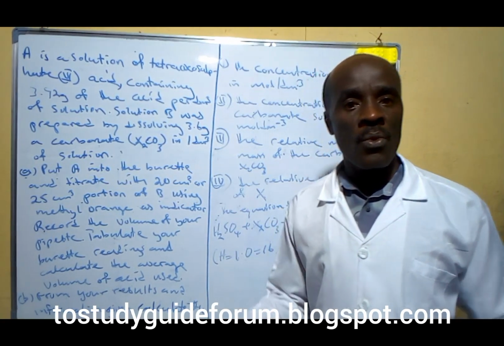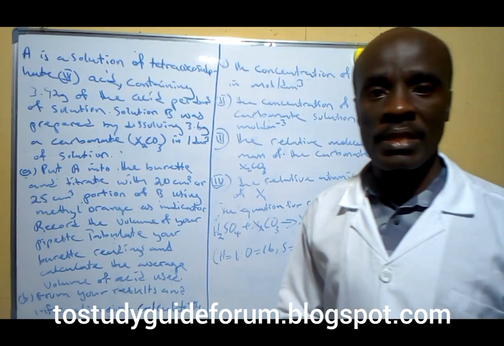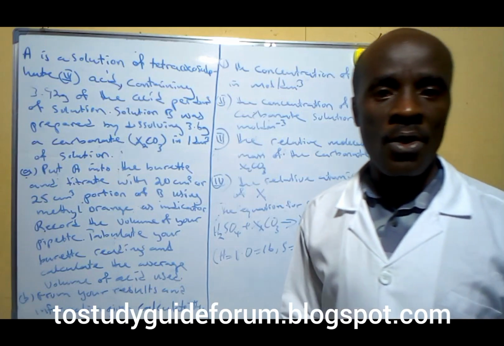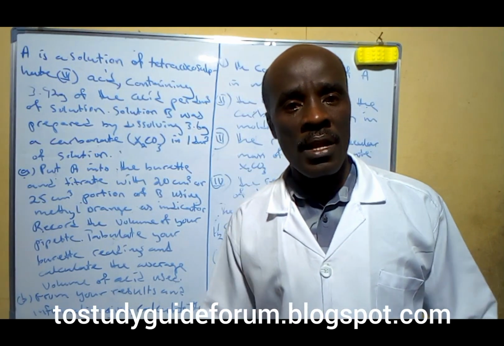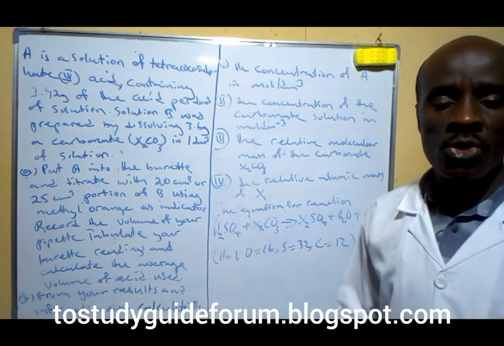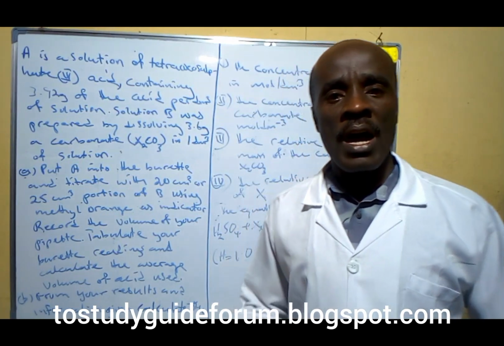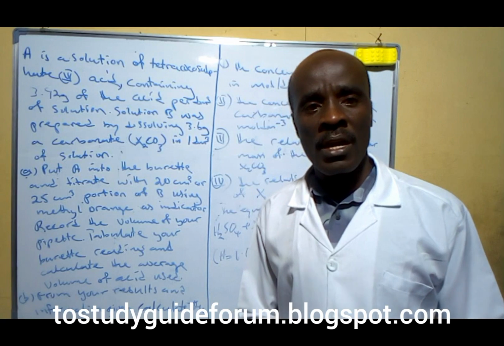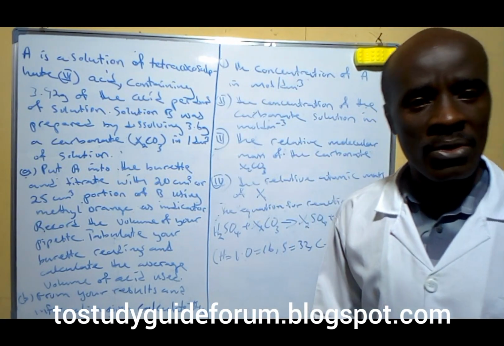The other time we were able to look at how to calculate the volume of carbon(IV) oxide liberated, and also the concentration as well as the mass of the carbonate involved in the chemical reaction.